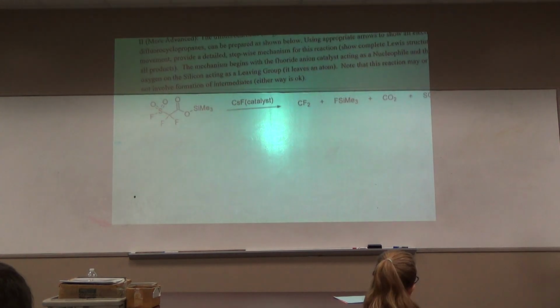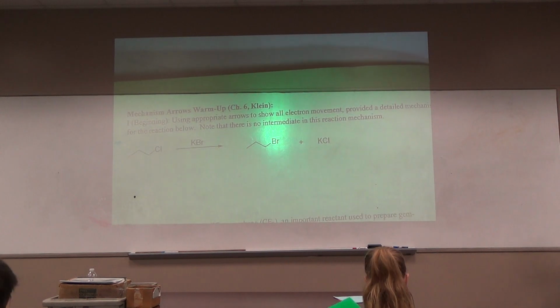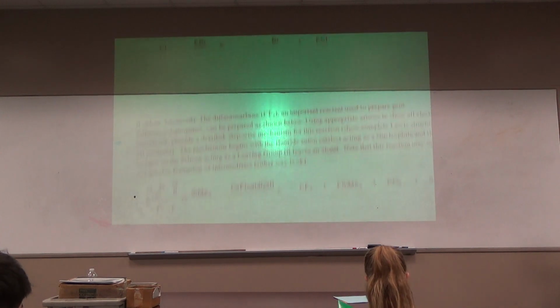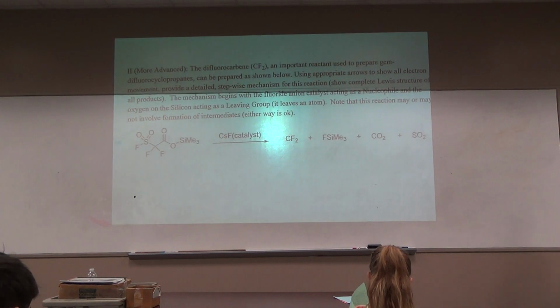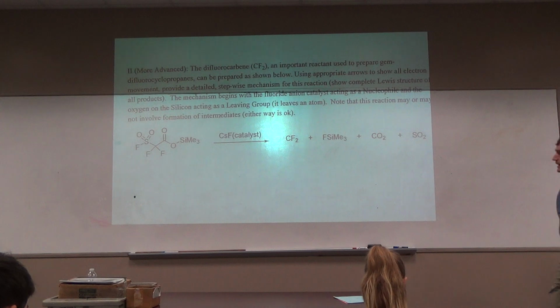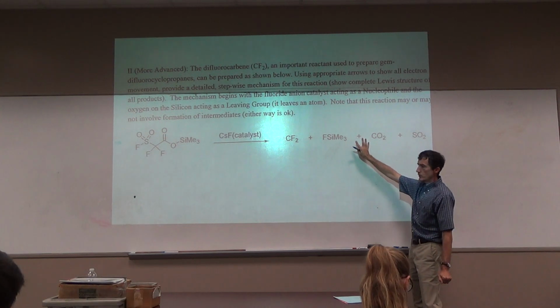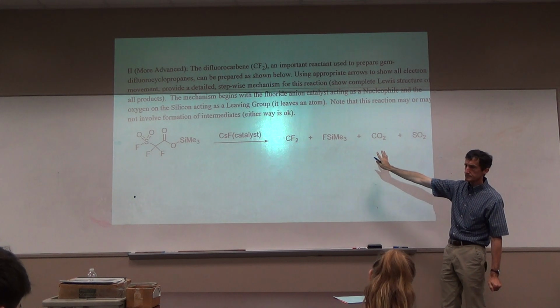Also, let me point out back to the green sheet, a couple mechanisms. The top one is very introductory, very basic. The one below is a bit more challenging, but it should still be straightforward if you know how to use mechanism arrows. I think this is very much worth spending some time on, showing mechanism for this.